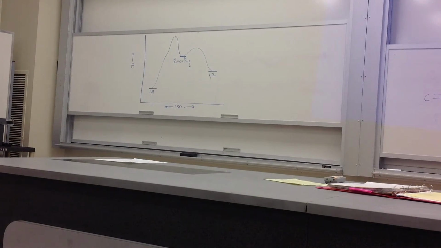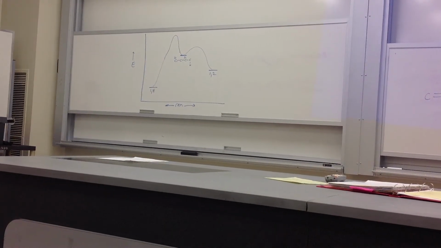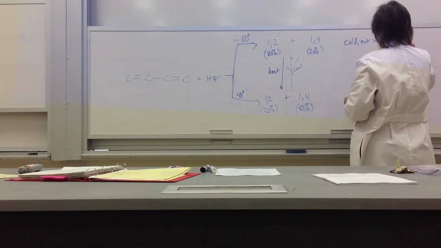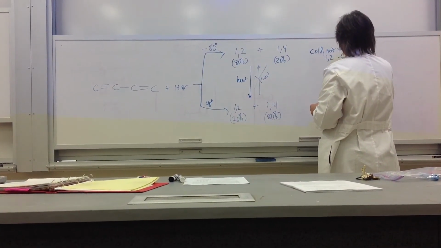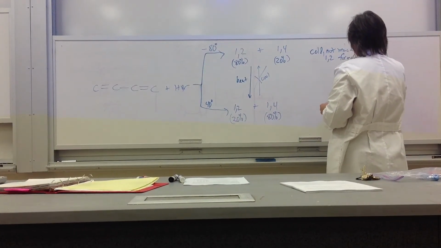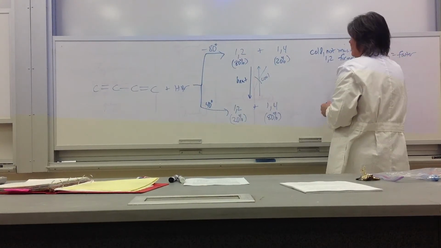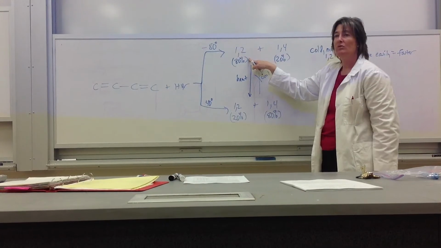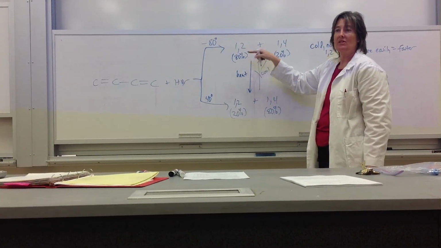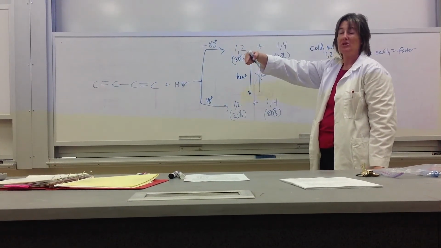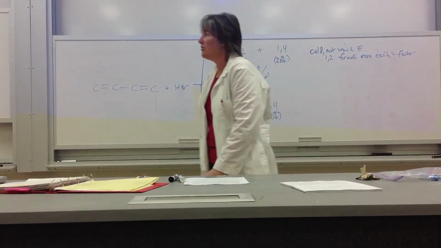Yeah, this is cold, not much energy. The 1,2 formed more easily. It was faster. That's what this told us. 80% was 1,2 when it was super cold. That means the little hill to get to the 1,2 must be pretty darn low. So I have the wrong picture.